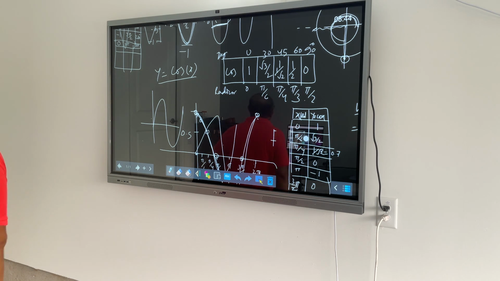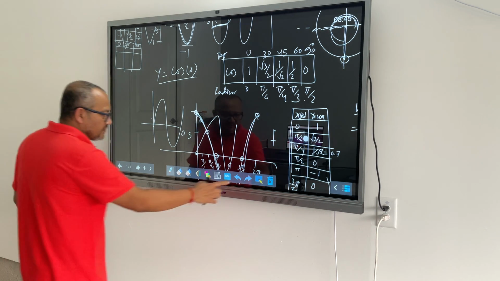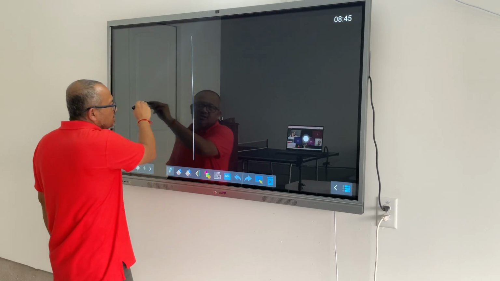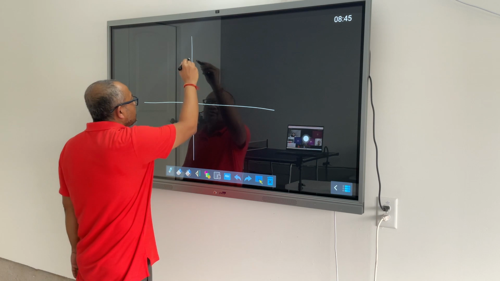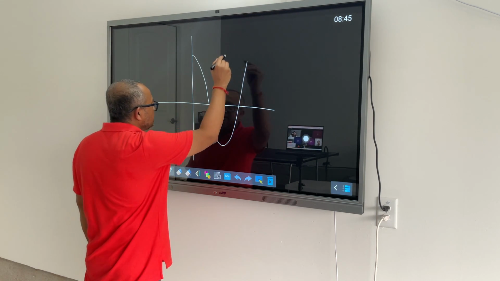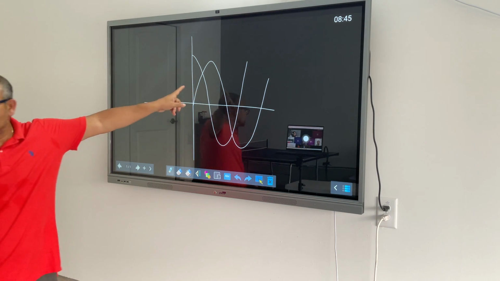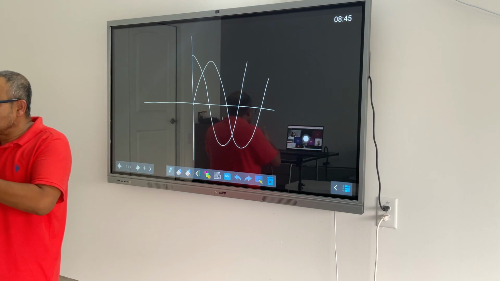Now think about some creative options to tell me at what point, in the same coordinate plane, I am trying to draw cosine curve which is going like this, and the sine curve which is going like this. So we certainly see that the sine and cosine curves are intersecting each other.